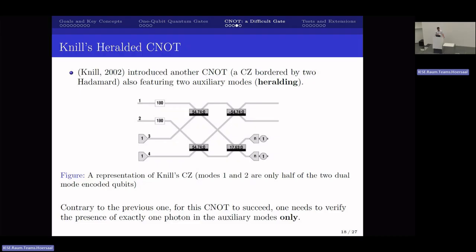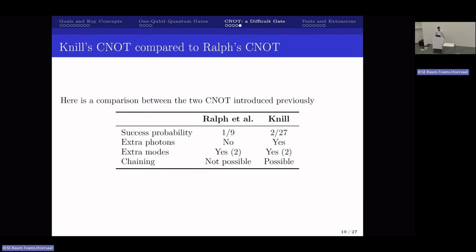So this CNOT you can serialize, and you could put one after another, but it has a worse probability of success than Wolf's one. So I want to compare the two. You have Wolf et al.'s CNOT, which has a probability of success of 1 out of 9. And you have Knill's CNOT, which has a probability of success of 2 out of 27.